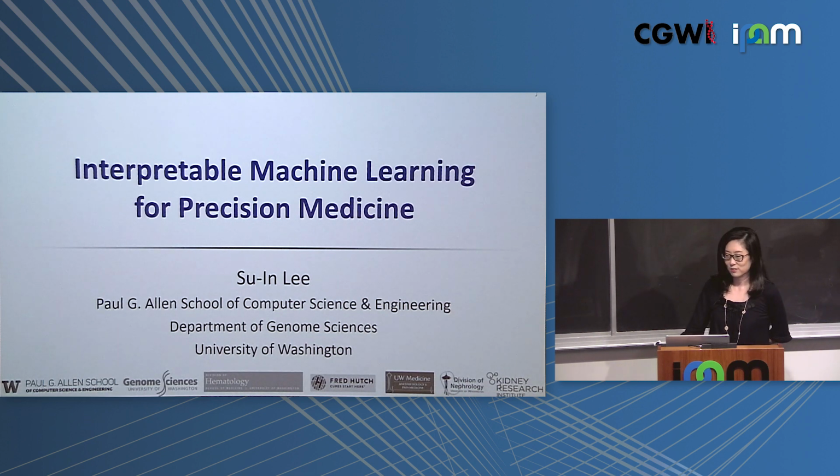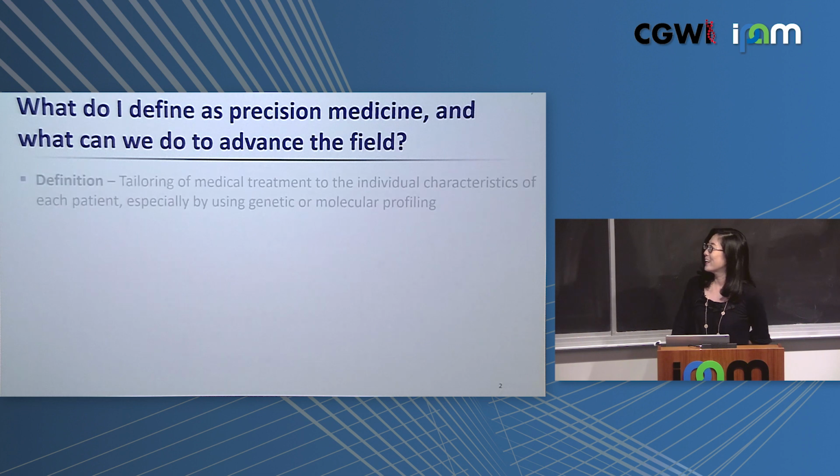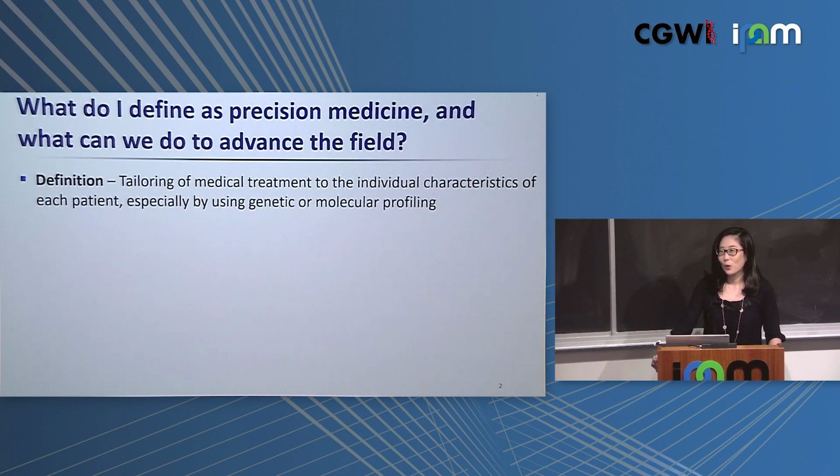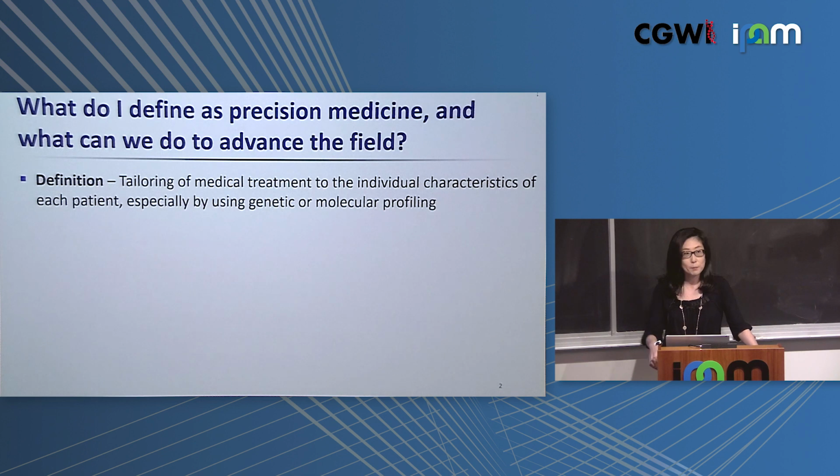So let's focus. First of all, what is precision medicine? Precision medicine refers to medical care designed to optimize efficiency or therapeutic benefit for particular groups of patients, especially by using genetic or molecular profiling.